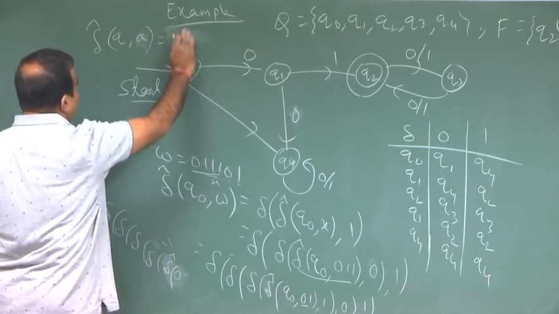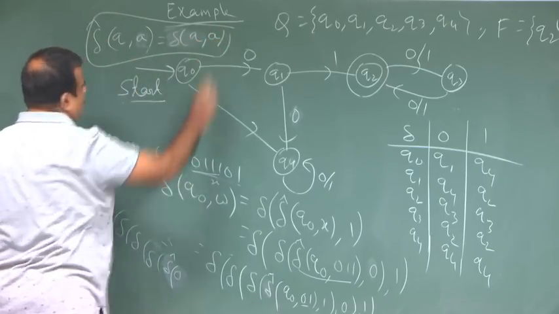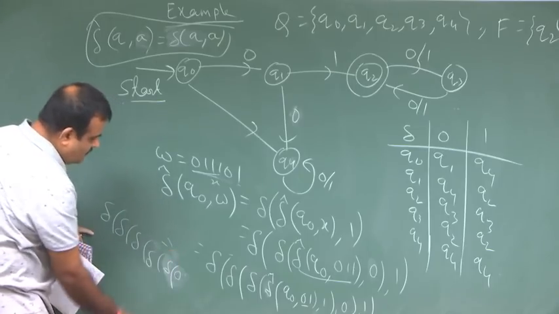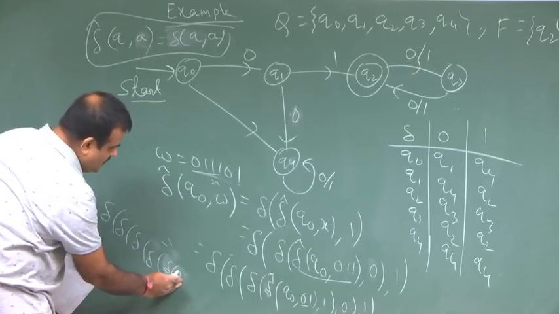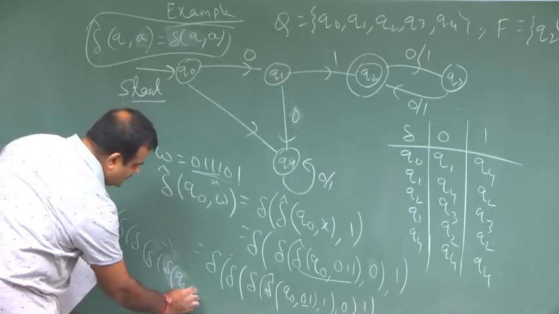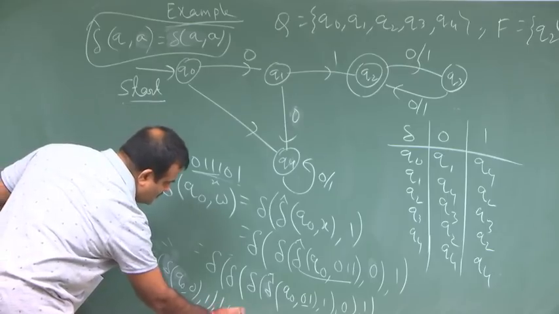So this is nothing but delta of q comma a. Once it reaches a single symbol, it is this. So this is delta of q0 comma 0, then comma 1, then comma 1, then comma 0, then comma 1.